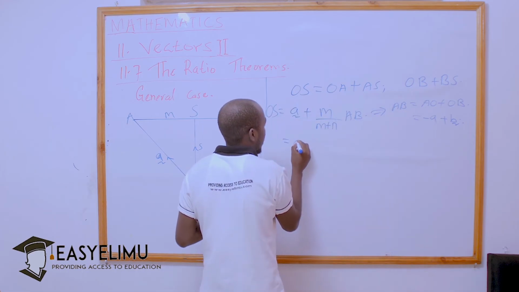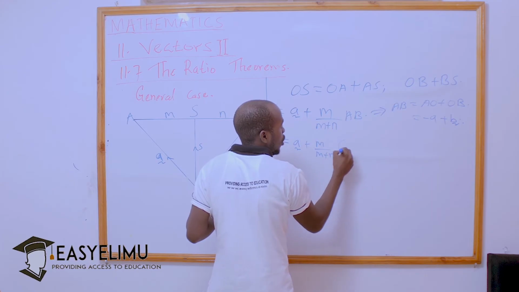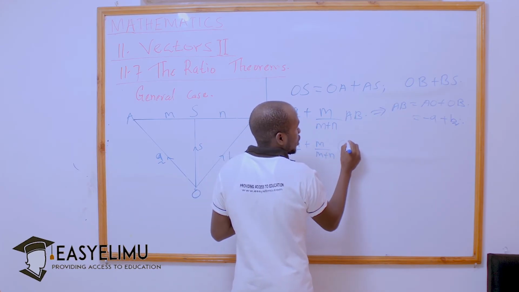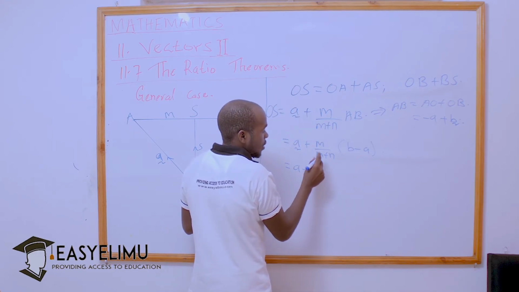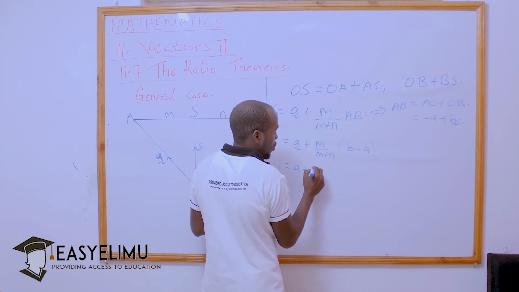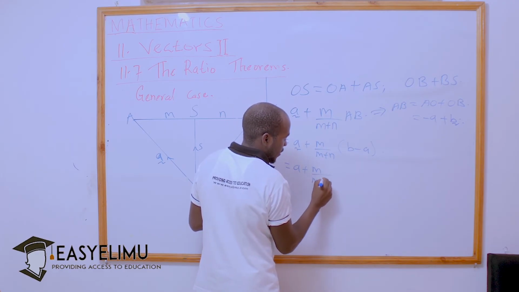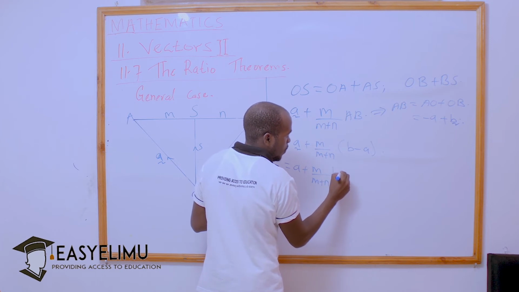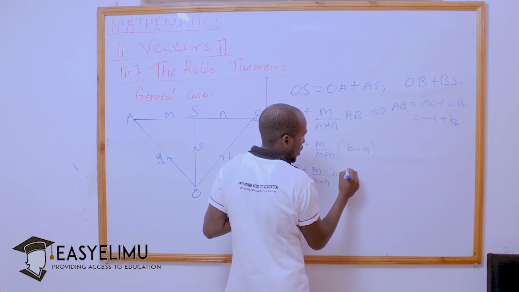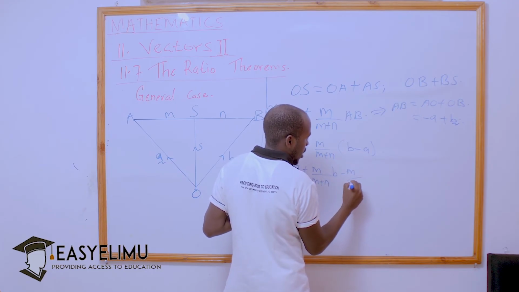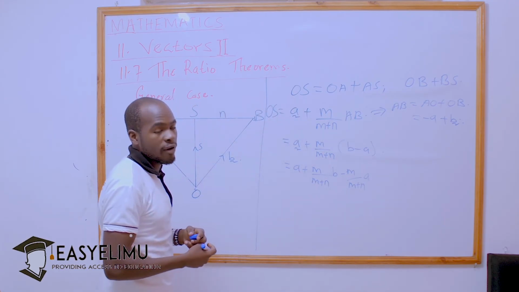So we can write that as A plus m over m plus n of that one, which is B minus A. And this one is going to give us A plus m over m plus n B minus m over m plus n A. So that is what we are having up to that point.